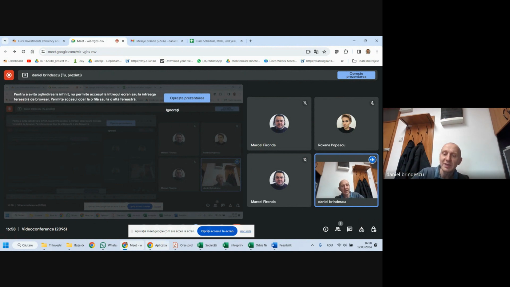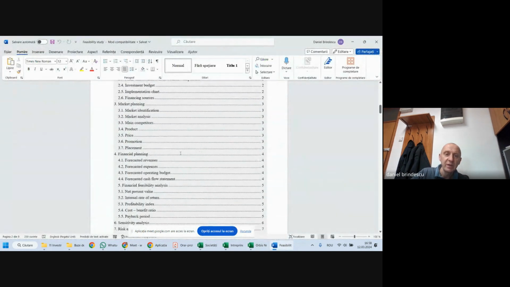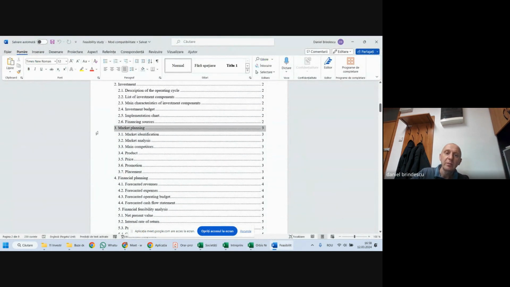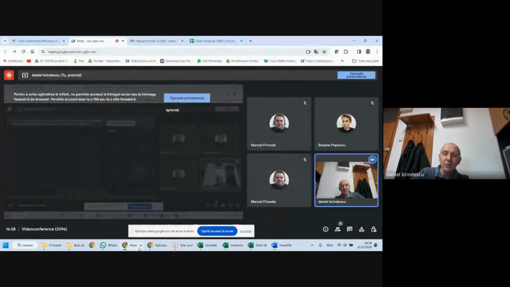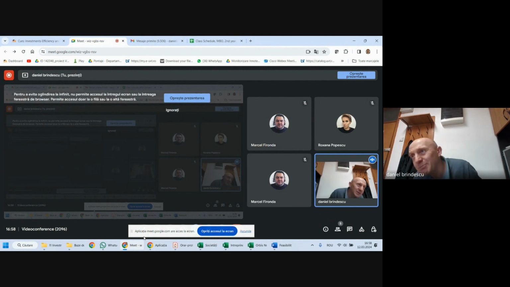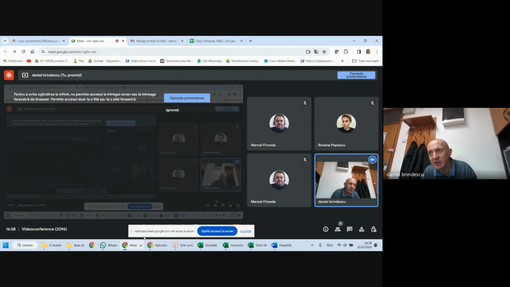Normally, a feasibility study does not contain this part of market planning. You usually find this or do this in a business plan. But if we would be talking about an existing company, then maybe the market planning would be of less importance. Maybe. It's debatable. We will debate that in 2 weeks.